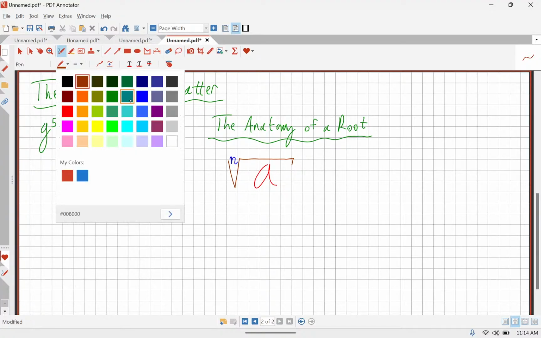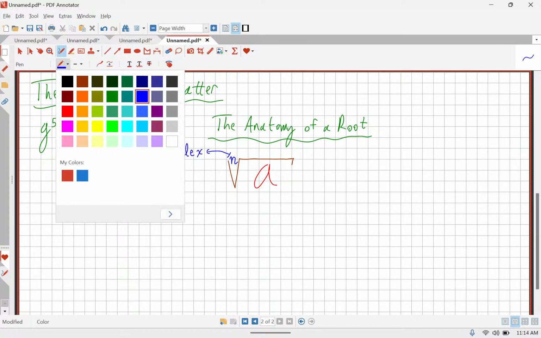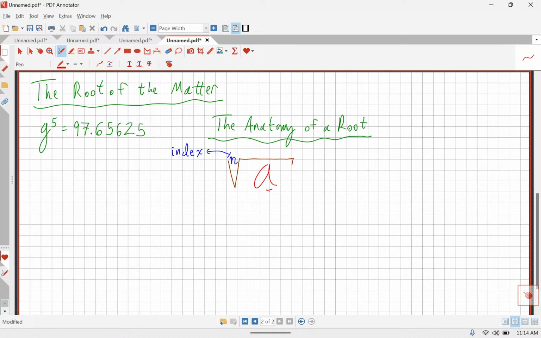The n, this number here, is called the index. So if I talk about the index of a root, I'm talking about the little number that goes inside the check mark on the top. The big number inside and under the check mark is called the radicand, which sounds like something that a Ninja Turtle would yell while kicking a foot soldier in the face.